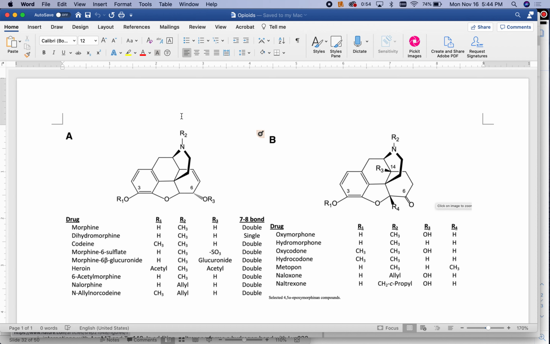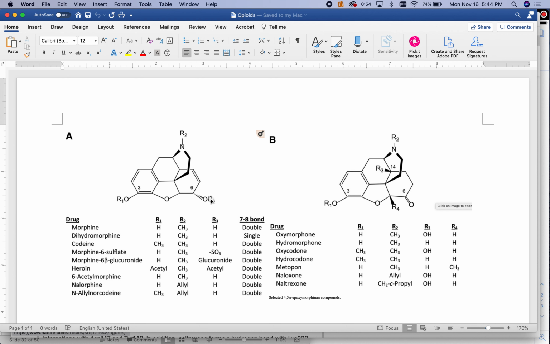What you'll notice is they have very similar structures, all of these. This is the backbone for all of these. Morphine, codeine, heroin have this backbone, and all you're doing is changing the R1, R2, or R3 groups into different things. If you have morphine, for instance, this is going to be an OH group, and this is going to be an OH group.